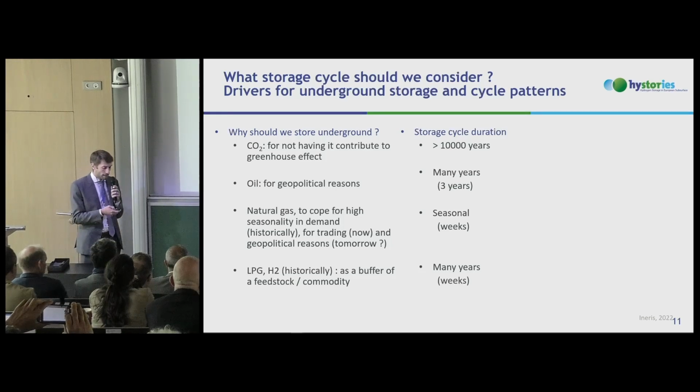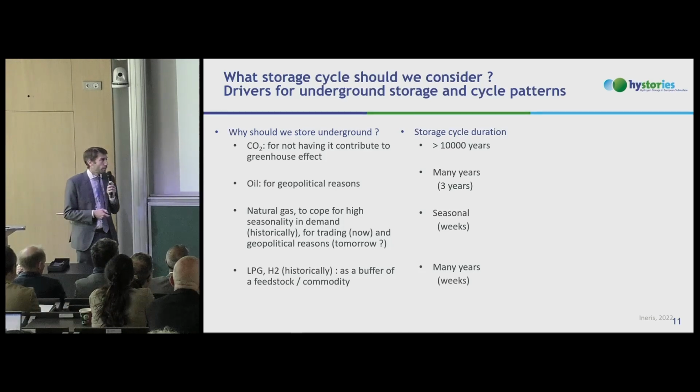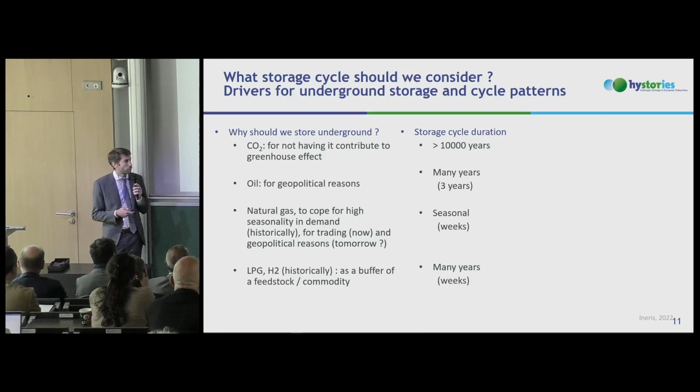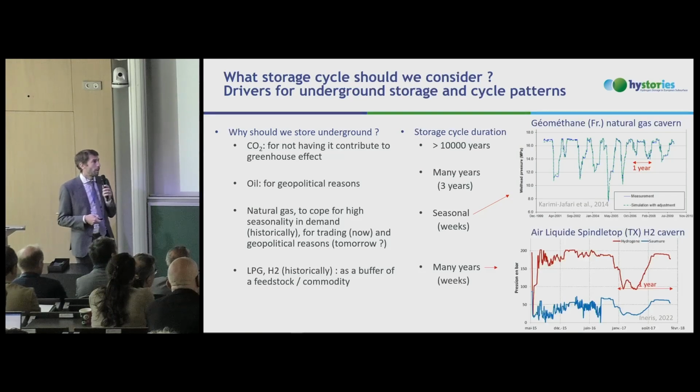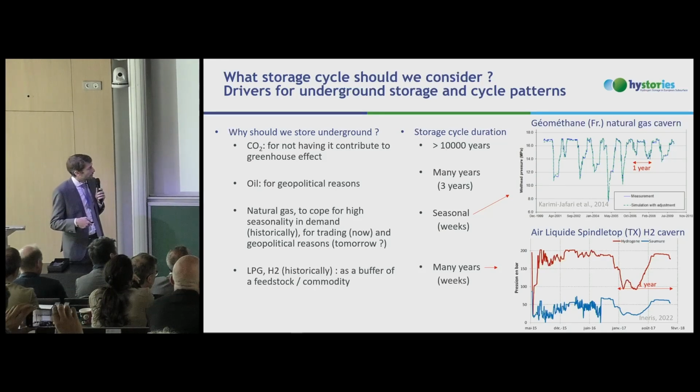So it's mostly seasonal cycles, even if there are maybe new cycles too. And also some LPG or hydrogen storage as known today is a buffer for the industry, so it's also mostly stored for many years. So you've got underground storage cycles here, really seasonal cycles in the methane storage sites. And here you've got the Air Liquide hydrogen storage cavern in the US. You see the cycle, and it's also stored over a few years.